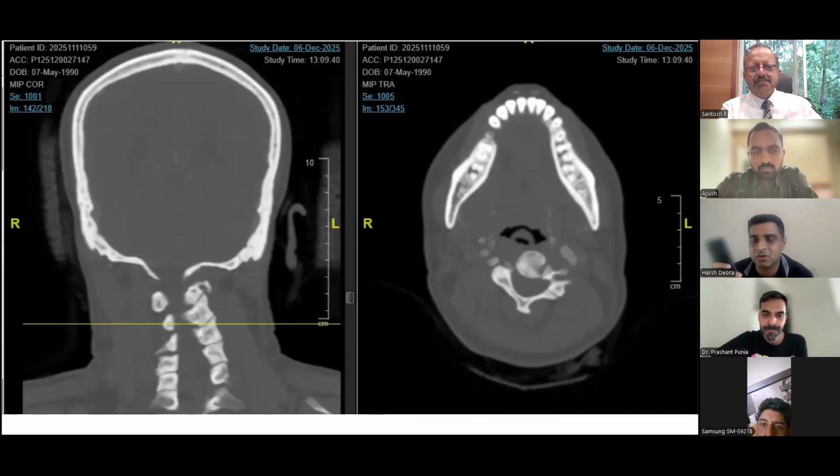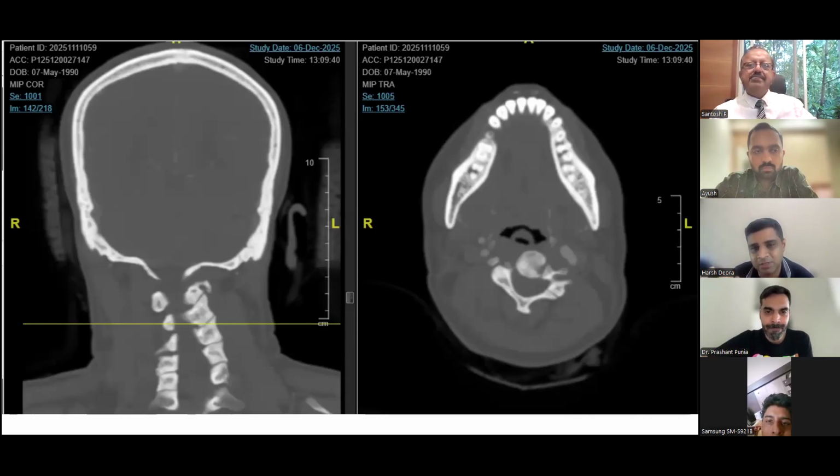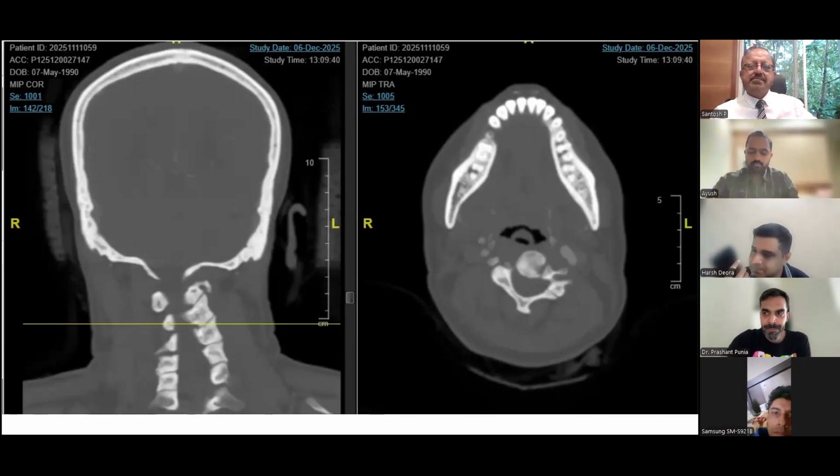I think the other side. So on the other side, where the vertebral artery is hypoplastic. That side would be the first to fix. That probably is the left side in this case, right? Left side, yes, sir.